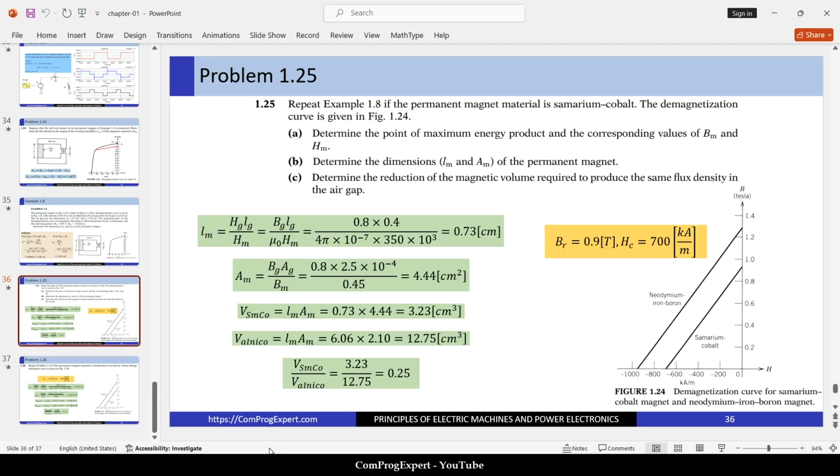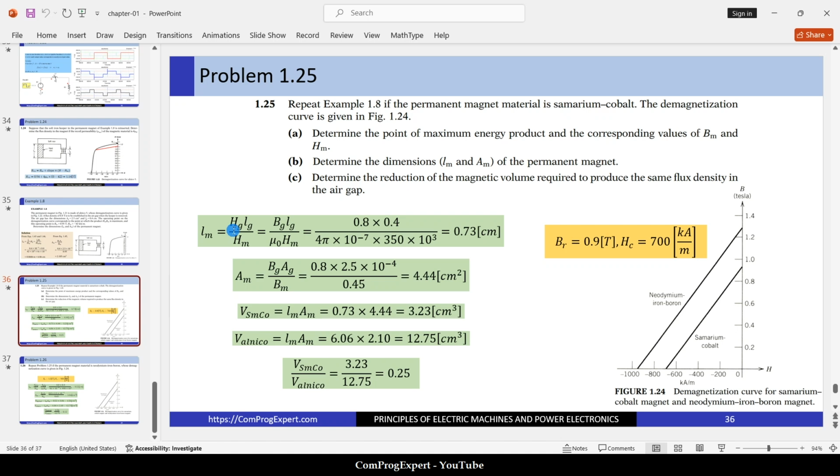So we can replace these two values in these equations to calculate the length of the magnet and the depth. As you can see, the length of the magnet in this equation is the H in the air gap, the length of the air gap, divided by the H in the magnet.